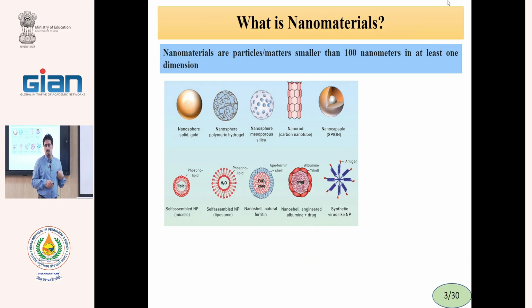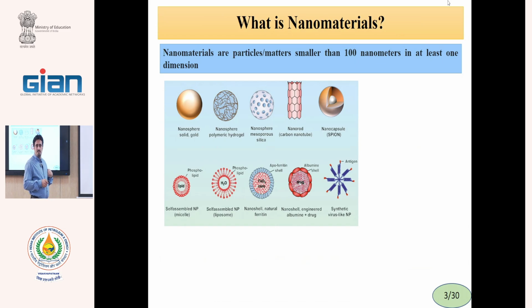If all 3 dimensions are at the nanoscale, we say nanoparticle. A nanoparticle is a sphere. This is a nanoparticle because it has a circular form and all 3 dimensions are nano.